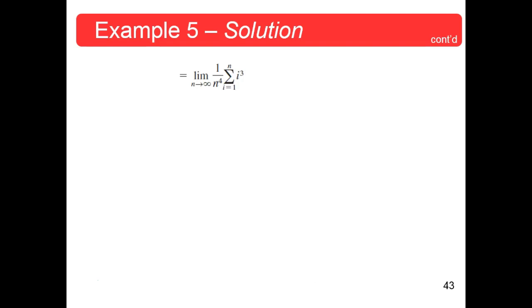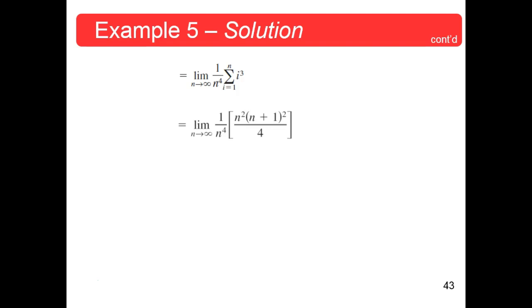And there's what it is: 1 over n to the 4th times the sum of i cubed, which is n squared times n plus 1 squared, divided by 4, and the 1 over 4 on the outside, and multiply that through.